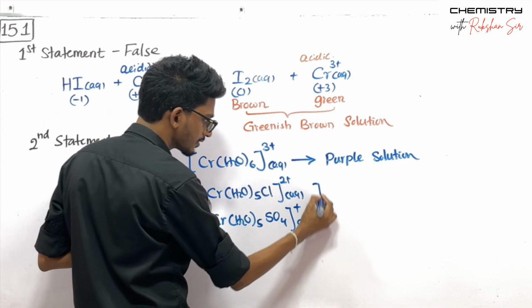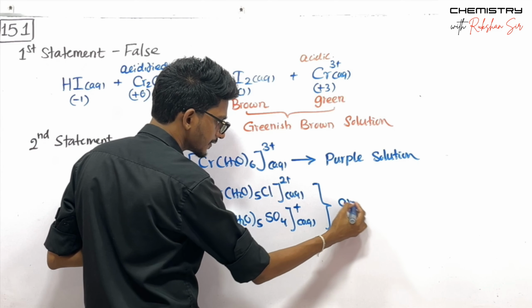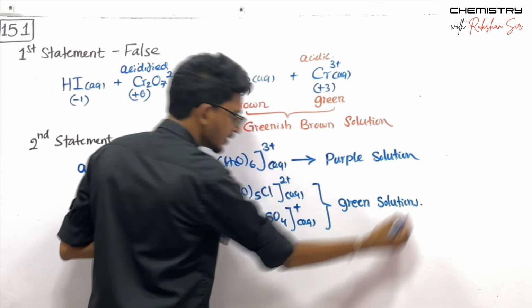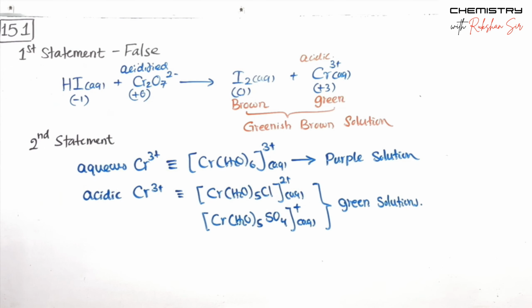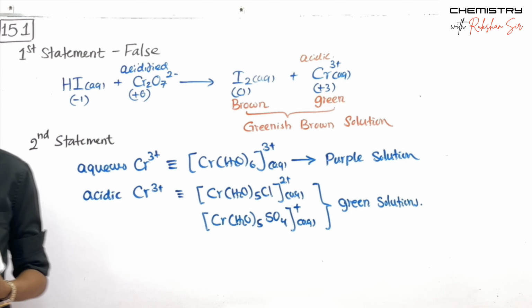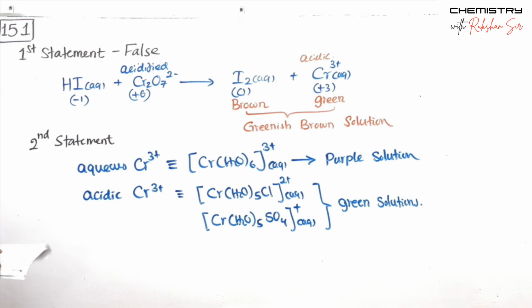Anyway, these solutions are greenish. So greenish solutions are the acidic Cr3+ solutions, not the aqueous Cr3+ solutions. Aqueous Cr3+ solutions are purple in color. So we have to take the statement as false.